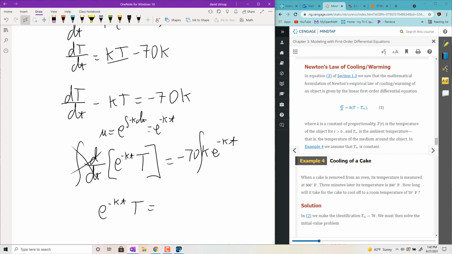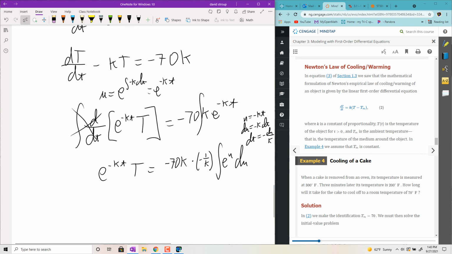On the right-hand side, doing a u-sub for negative kt, we end up with du being negative k dt, and so dt would be negative du over k. So there would be that factor of negative 1 over k, and you would have negative 70k that you could factor out. Then you have just the integral of e to the u du left.